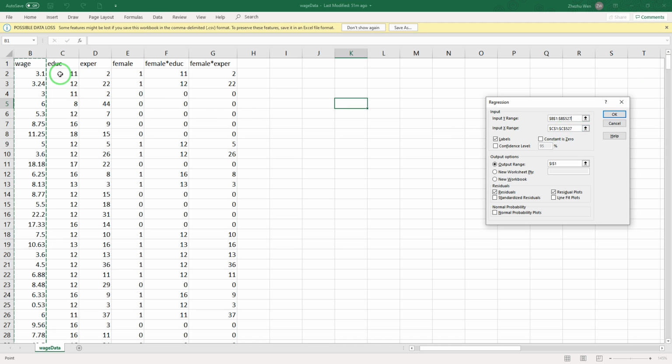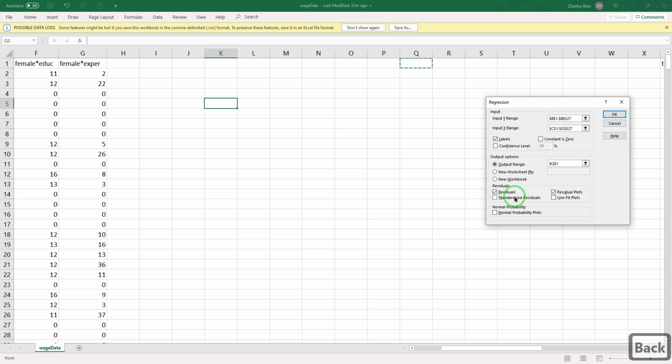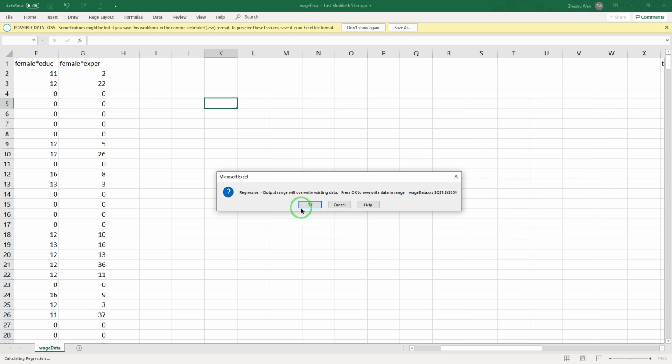With this, you need to be from C all the way to G527. The first row is label, and I'm going to output it somewhere here. We're going to give enough space. Maybe I'll put the residuals, which is good, and I can confirm using my manual result. Residual plot is fine too. So I'm going to click OK.